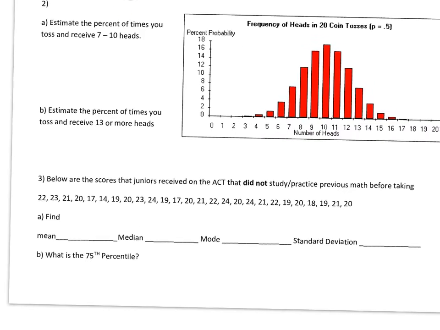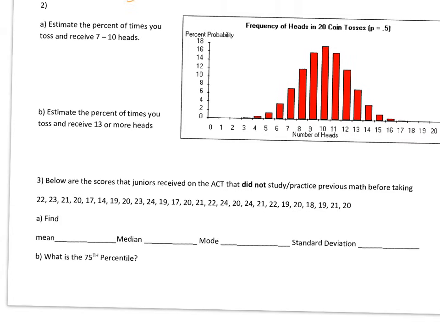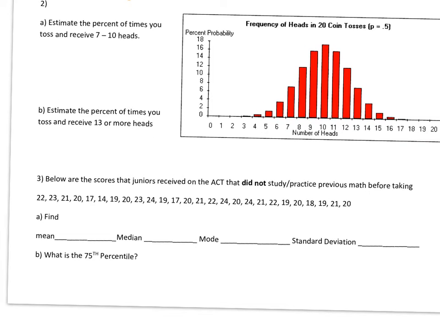Now, if I have something like this. Now this one's a little bit different because of the fact it's still a normal distribution curve. However, each bar graph, each one here represents a different percentage. So like if I'm looking at this 4, so how many times heads got tossed?